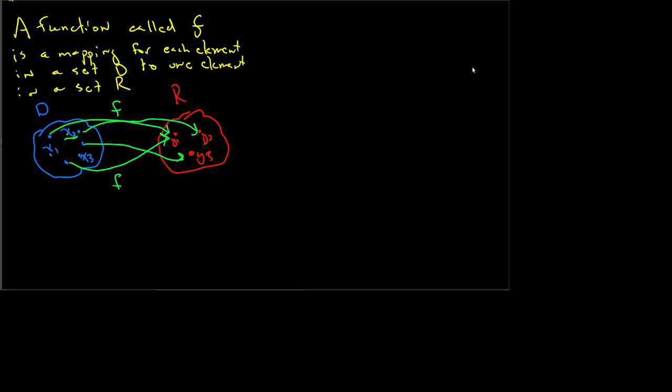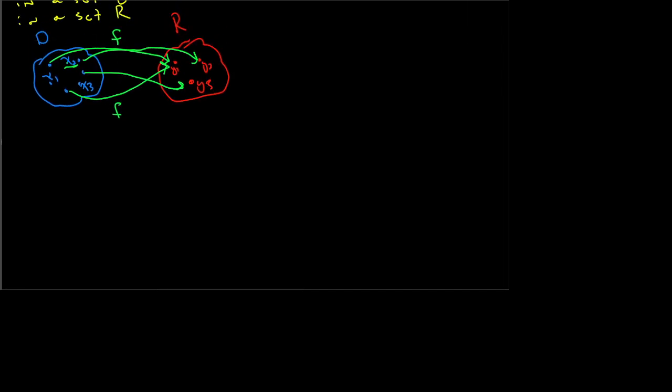Since these sets don't necessarily have to be all real numbers or all complex numbers, but we tend to work on all real numbers and all complex numbers, we're going to take this same idea and we're going to turn it into a graph. So let me put a set of axes up. And so we'll say x here and y here.